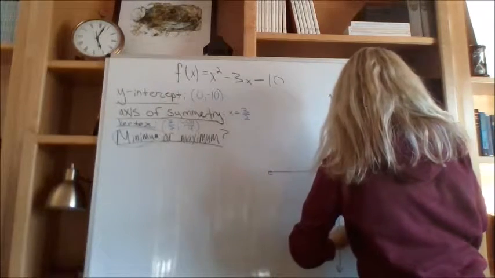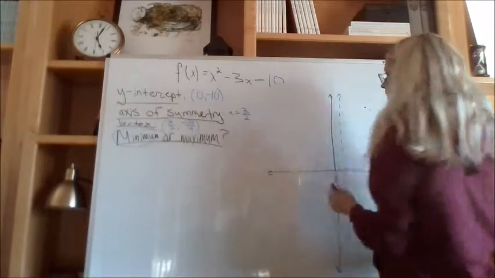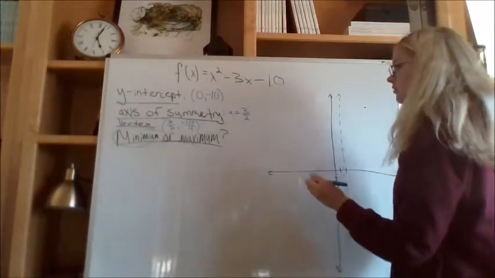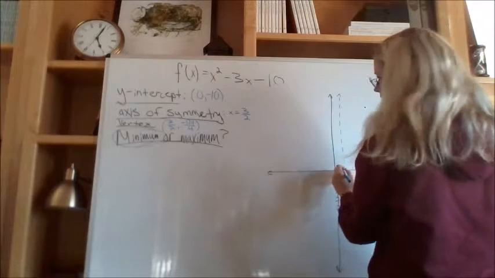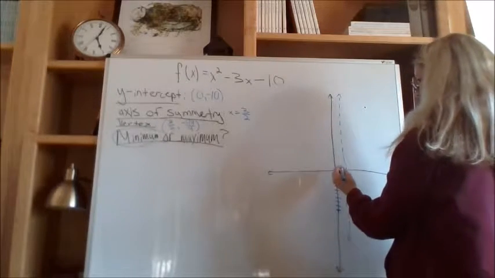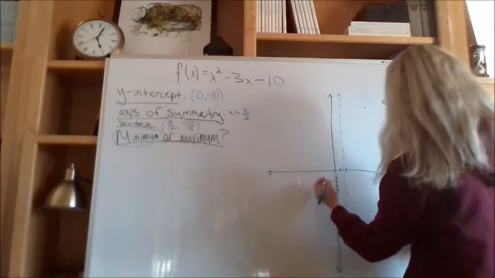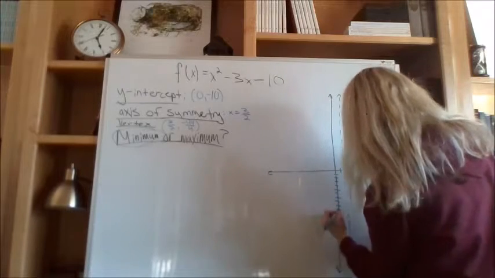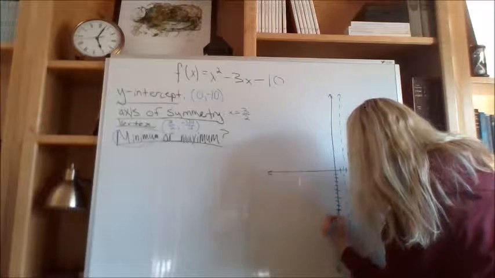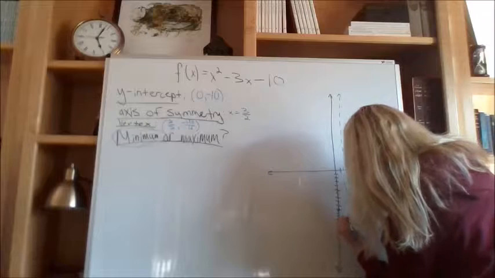We can use a dotted line to represent this. And then the vertex we know is 3/2 and then -12 and 1/4. So this is -10 right here.